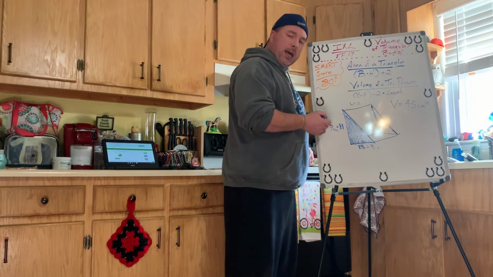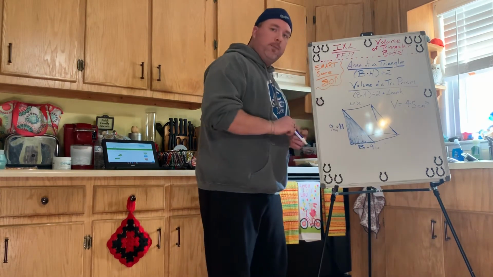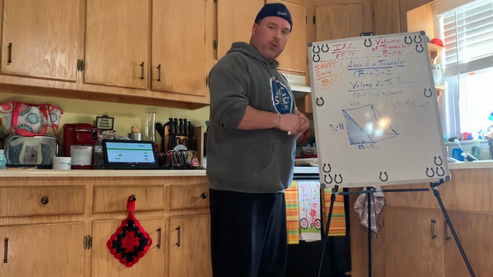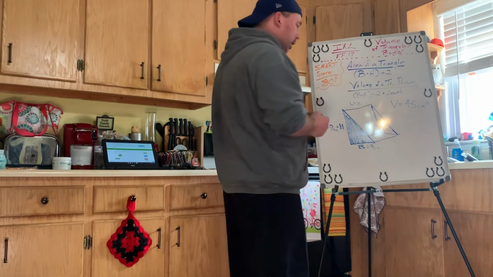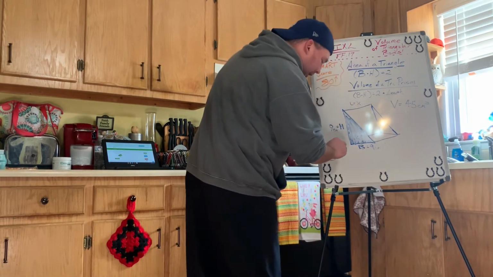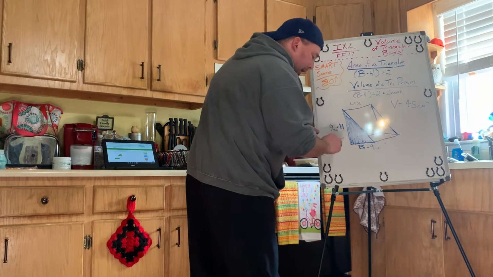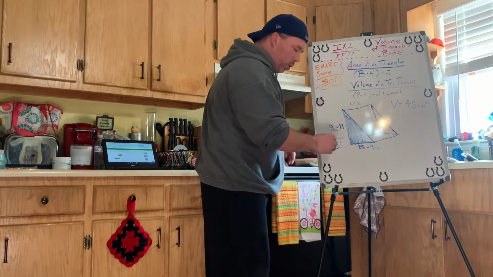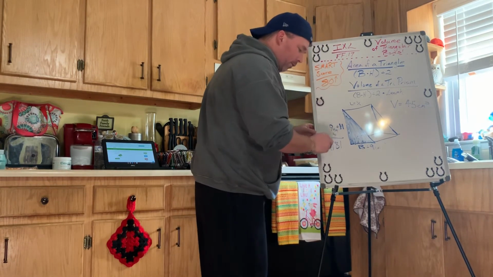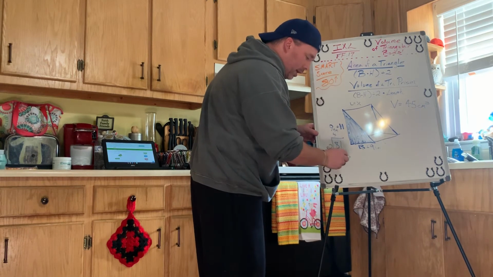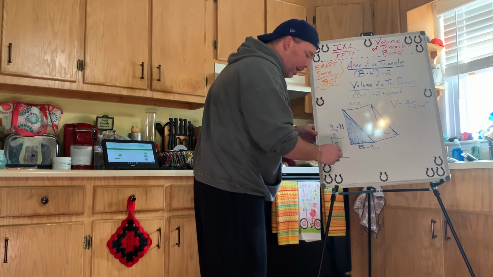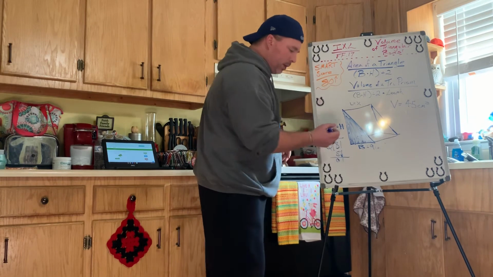9 times 9, base times height, is 81 centimeters. That's right. And then you cut 81 in half. So if I take 81 and I divide that by 2, 2 goes into 8 4 times. 4 times 2 is 8. 8 minus 8 is 0, and now the 1 drops.